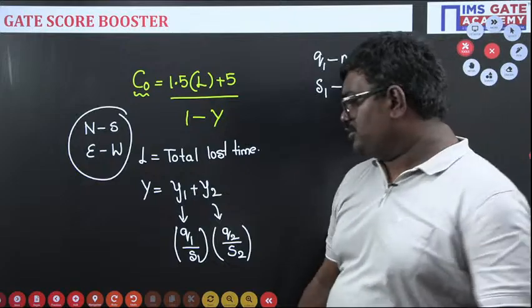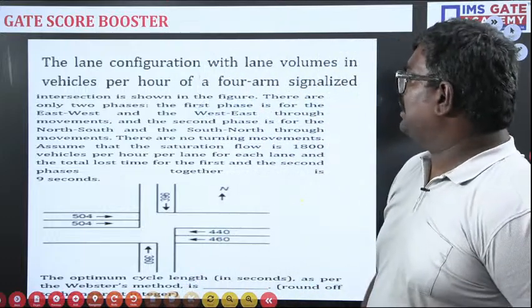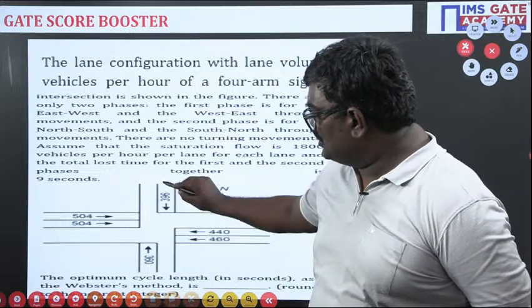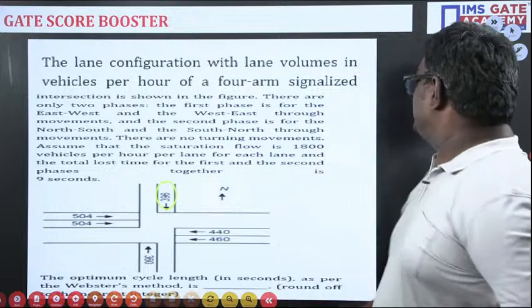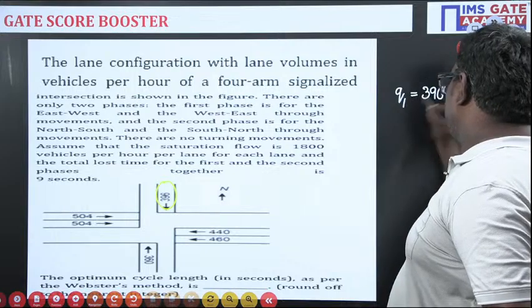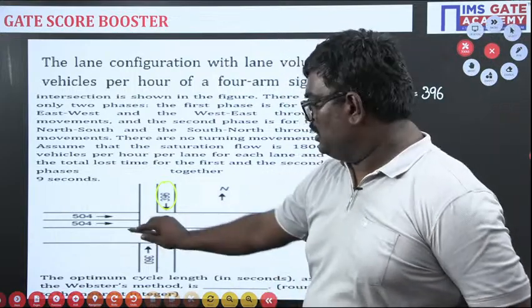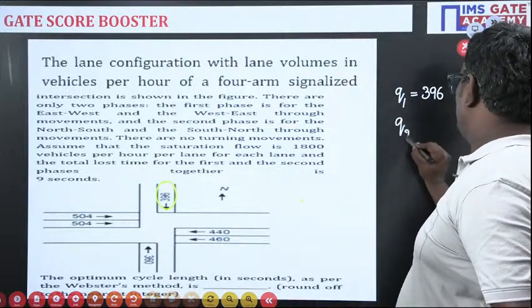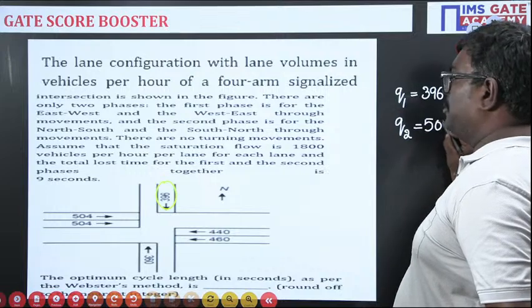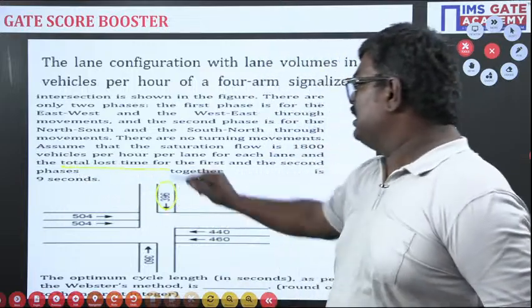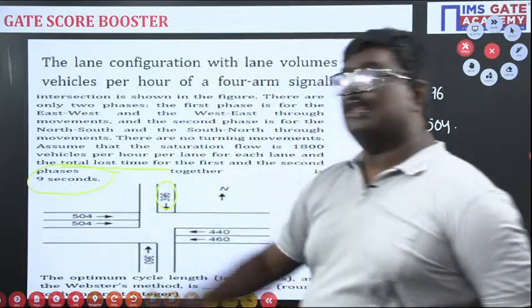If you consider north-south, the maximum value is 396, so Q1 is taken as 396. Similarly, in the east-west corridor, the maximum value gives Q2 equal to 504. The total lost time is given as 9 seconds.